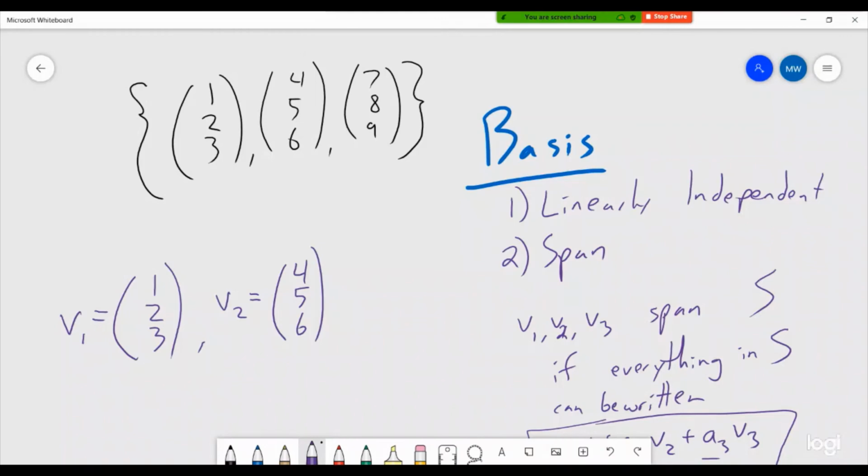I'm trying to think. That's a good question. My gut is saying that if you put them as columns and then row reduce and get a free variable, that does not necessarily tell you that they're dependent, but I can't think of a counterexample.